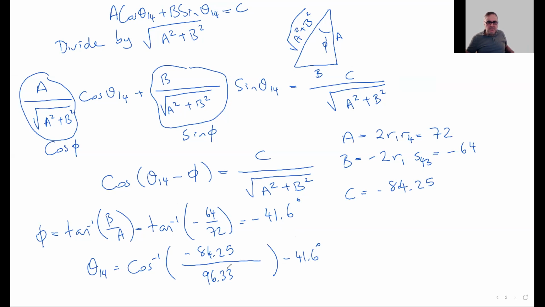And the cosine inverse of this thing has two solutions actually. This is equal to plus minus 151 degrees. Both are solutions to this cosine inverse term.